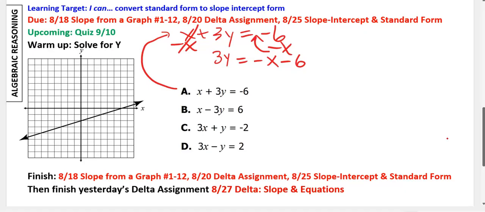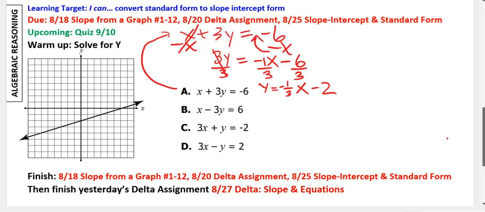How do I get rid of the 3 in front of y? Divide by 3. Now, if there's a negative with nothing, what number is implied? 1. That's a negative 1/3 x. And then -6 divided by 3 is -2.